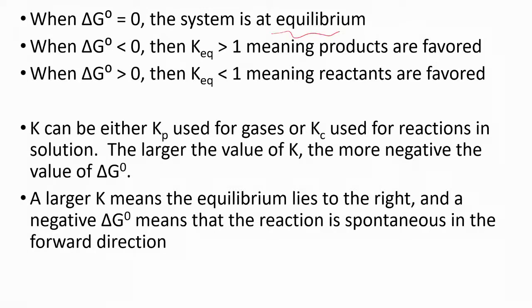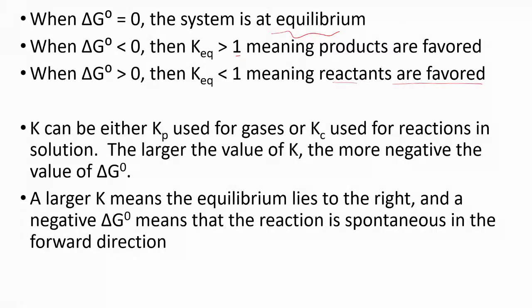If delta G prime is less than 0, what that means is our K is greater than 1, therefore products are favored. If our delta G prime is greater than 0, what that means is our K is less than 1 and reactants are favored. So K can either be Kp for pressure, which is our gases, or Kc for concentration, which we use when we talk about solutions.